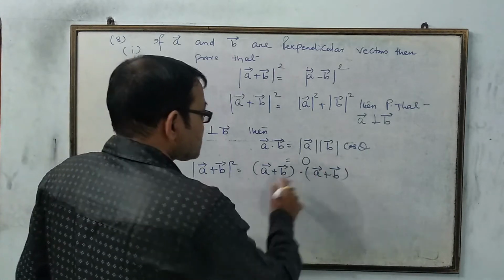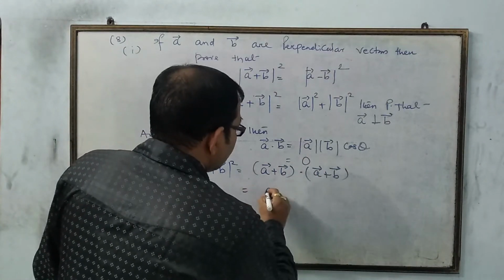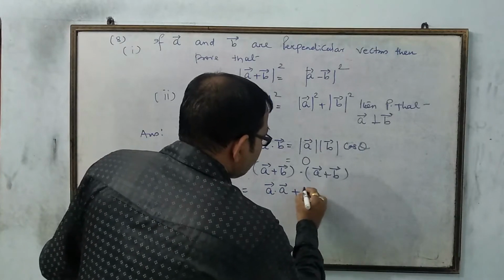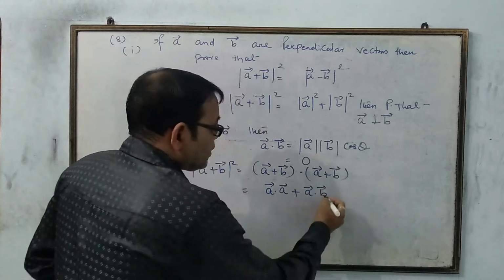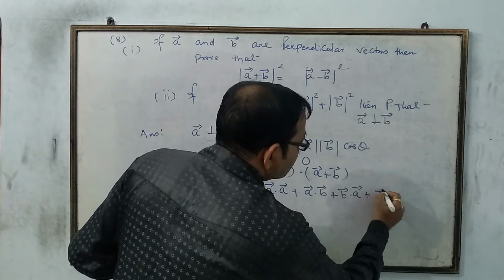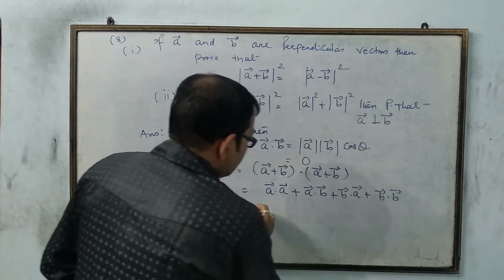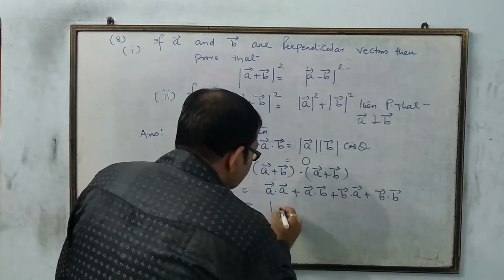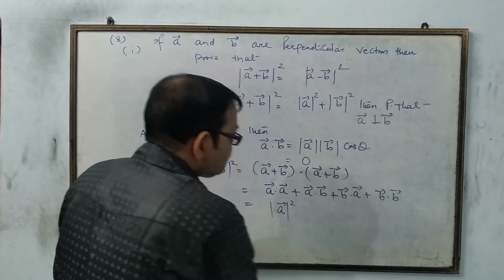So it is A plus B dot A plus B, which gives A dot A plus A dot B plus B dot A plus B dot B. The dot product of two equal vectors is the square of its magnitude.